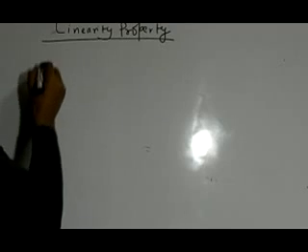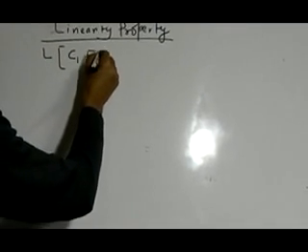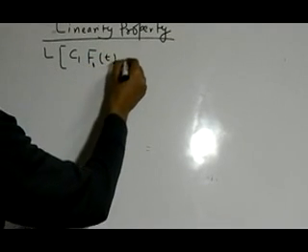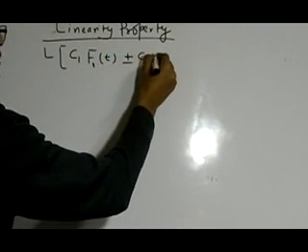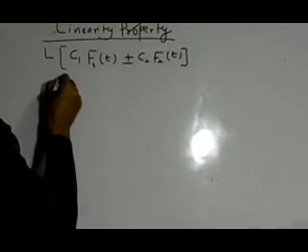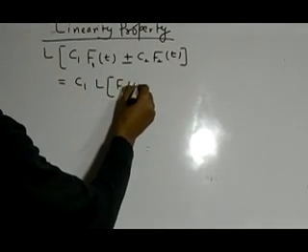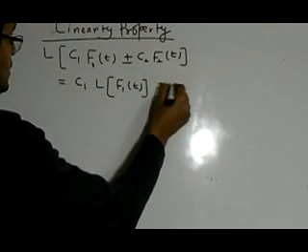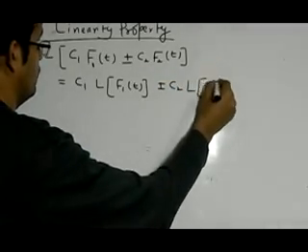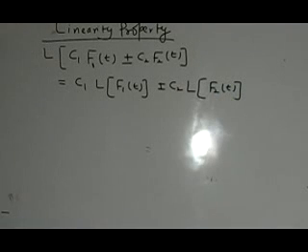That is, Laplace of C1 f1 of t, where f1 of t is any function, plus or minus C2 f2 of t, is nothing but C1 L of f1 of t plus or minus C2 L of f2 of t. It means these constants can be written outside the Laplace transformation sign.